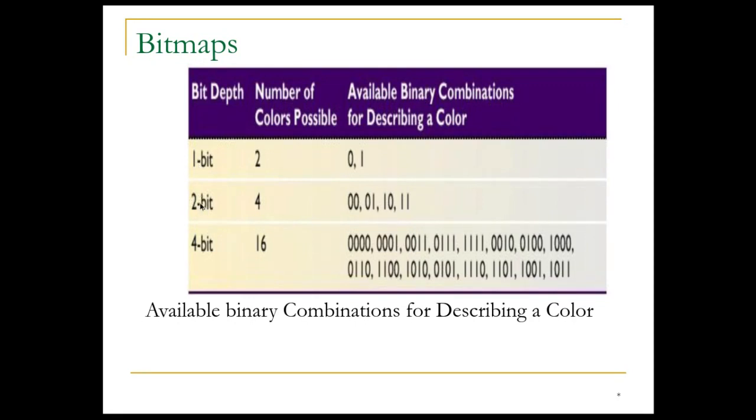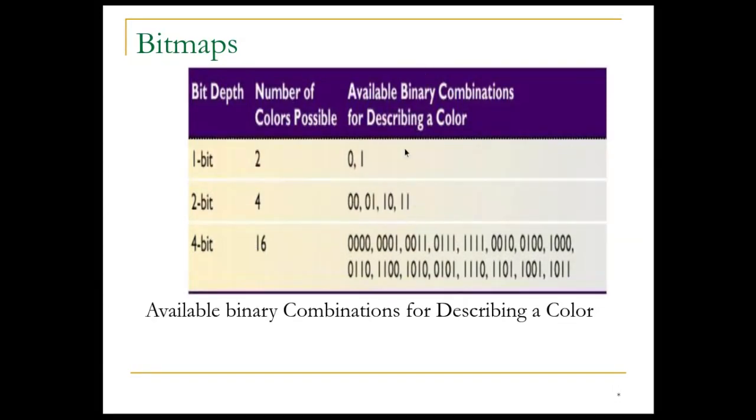So 1 bit per point, then 1 color can be 0, 1 color can be 1. With 2 bits, 1 color can be represented by bits 0, 0. The other one can be coded 0, 1. The other one can be coded 1, 0. And the other one can be coded 1, 1. So of course, these are the codes that represent the color.